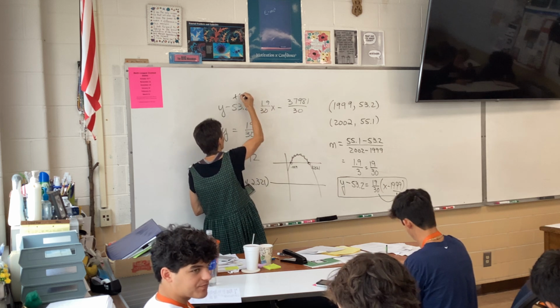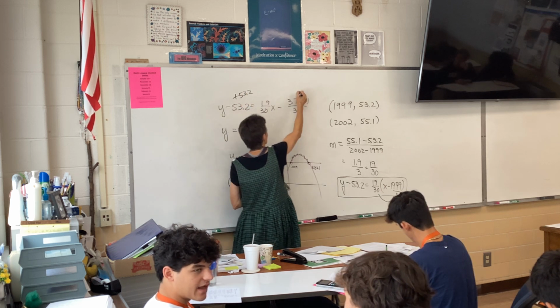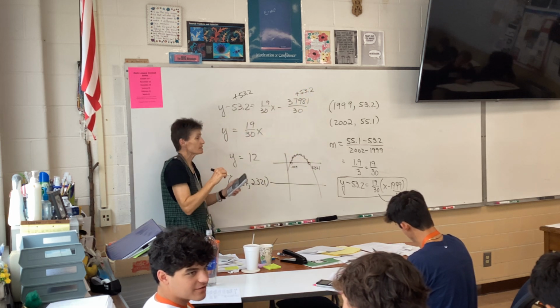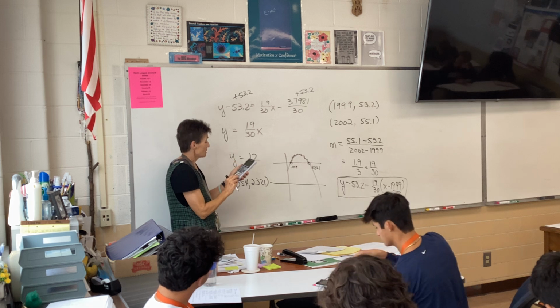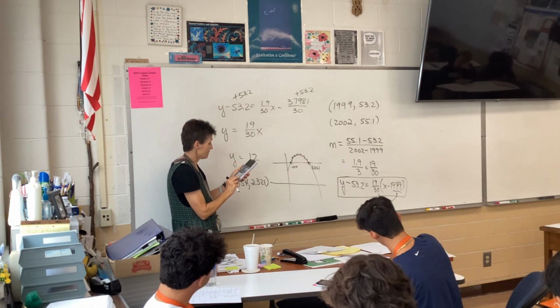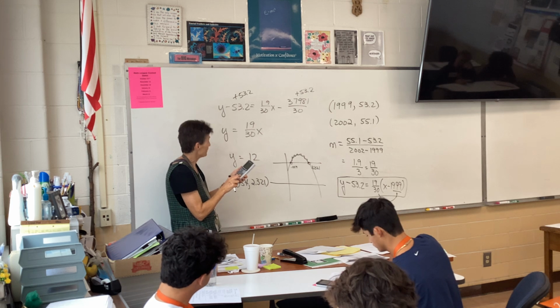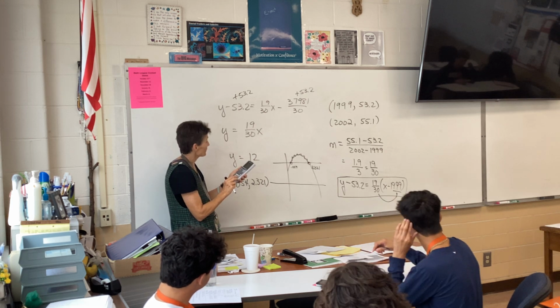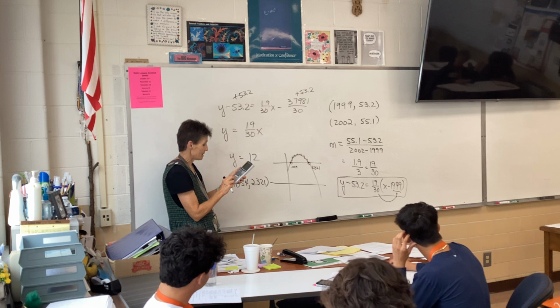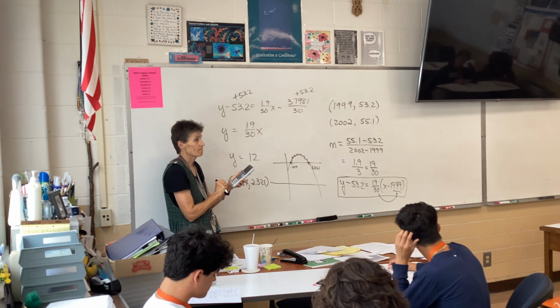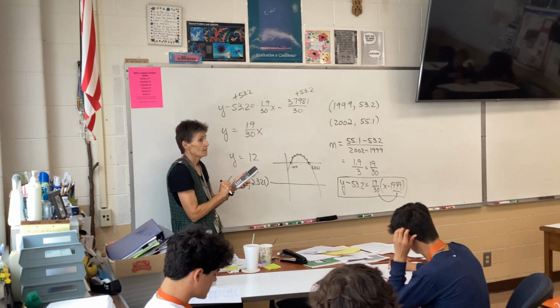Now I need to add this over, right? Let's not get all crazy here. This is easy, got a calculator. So I'm gonna take my negative 37981 divided by 30, and I'm gonna add 53.2. Did you get a decimal?